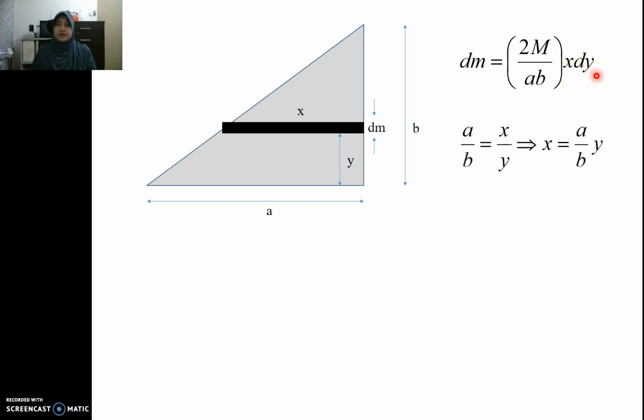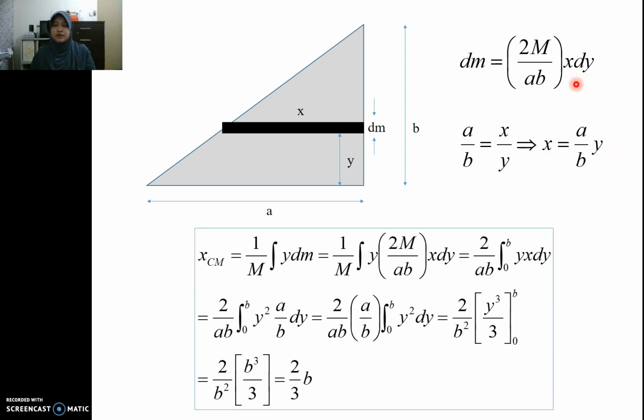We do the same, we take x over a and y over b, and we take the expression for x, substitute it into this equation, and you will find the x coordinate for the center of mass, which is measured 2/3 from the length of b, which is somewhere here, and you do the same for y_cm.